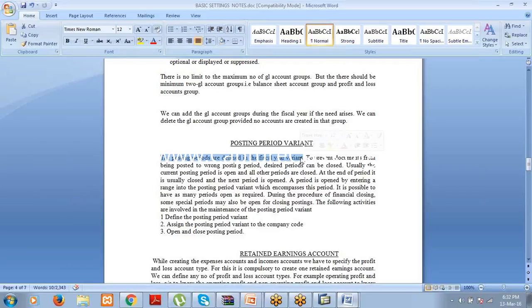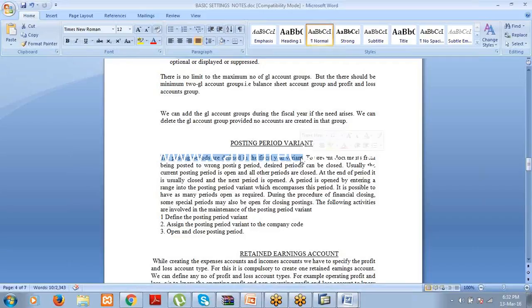Technically speaking, we can open all the 12 normal periods and all the 4 special periods at a time. But generally, it is never done in real time. In real time, only the current posting period is opened and all the previous posting periods and all the future posting periods will be closed.